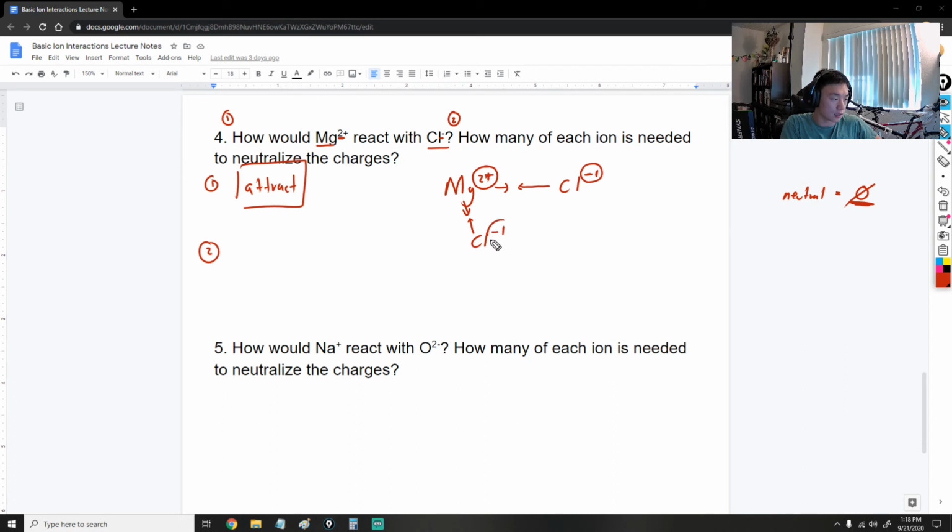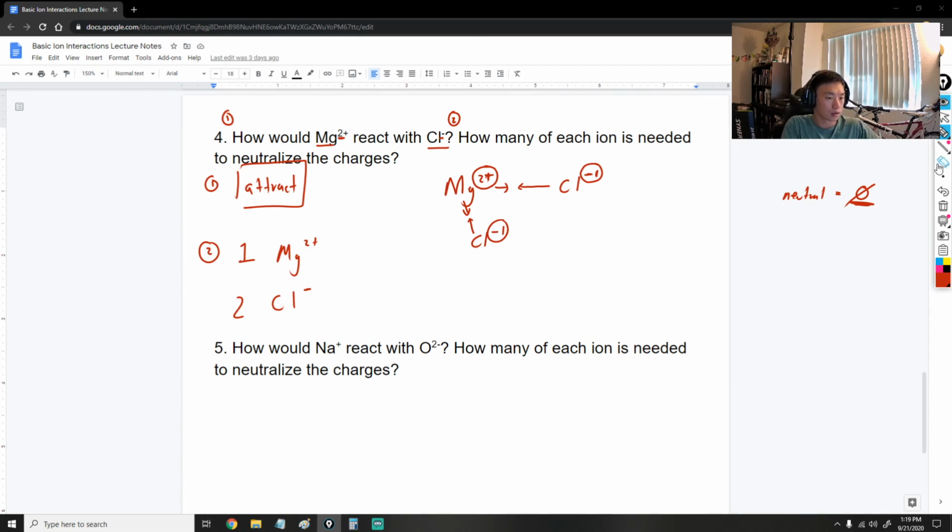There is positive 2 and there's also negative 1, negative 1. That means that these two together are going to get negative 2. There's going to be a net negative 2 charge, which means they'll balance out. And so how many Mgs are we going to need? We're going to need 1 Mg2 plus, and we're also going to need 2 Cl minus.